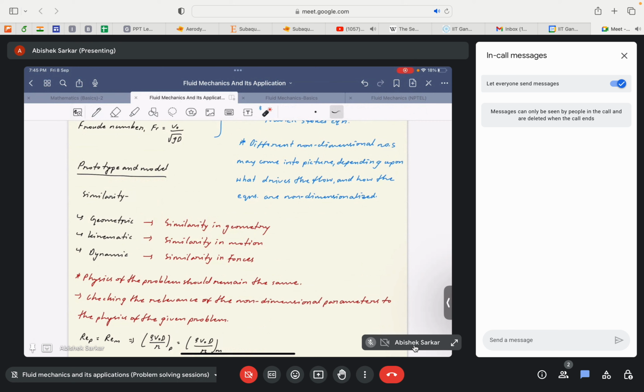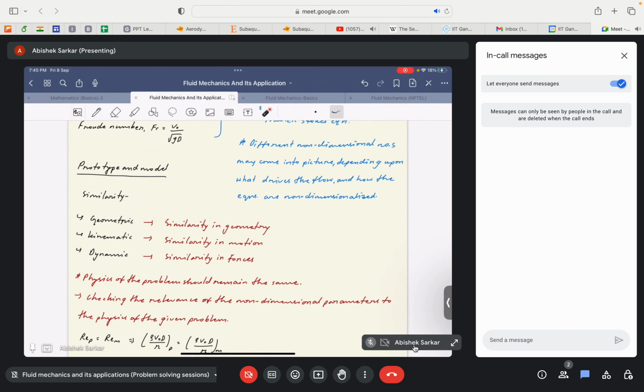The length scales of the real system and the model may be similar but need not be equal, and in most cases they are not equal, and that's why the concept of a model comes into picture. So now I hope you understand prototype and model, and both of them are necessary in their own way. I guess this is discussed in the lecture, so I will not go deep into it.